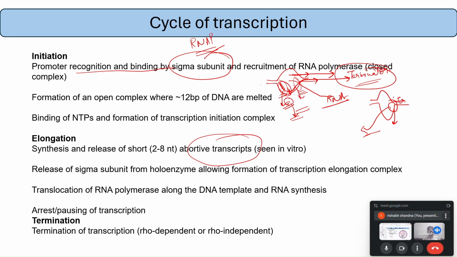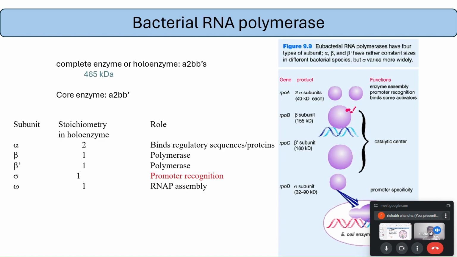Okay, it can be protein involved, that is the rho protein involved in the process of termination, or rho-independent termination, where the RNA molecule is released without the help of any protein. So this was the basic procedure of transcription, that we'll talk about in detail in the next few slides. Now moving on to the bacterial RNA polymerase.